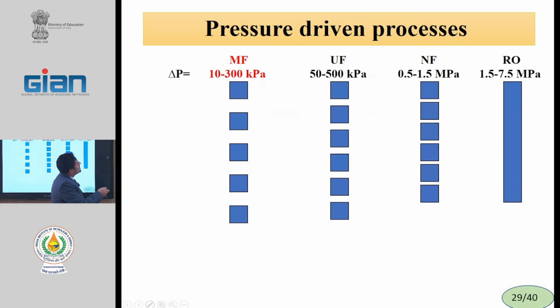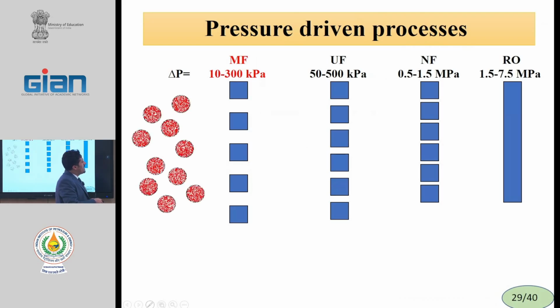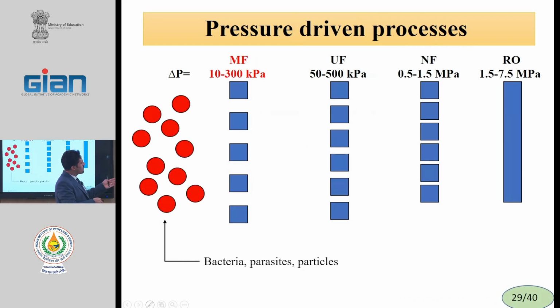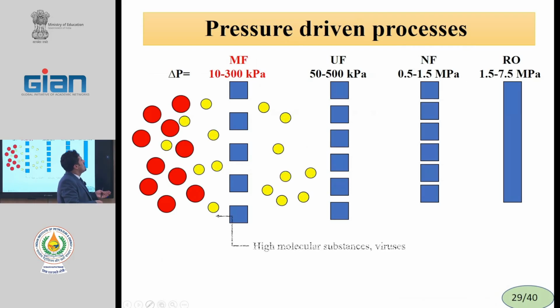With reducing pore size, we need a high pressure for transferring the solution through the membrane. MF membranes separate bacteria, parasites, and particles, but cannot separate viruses.